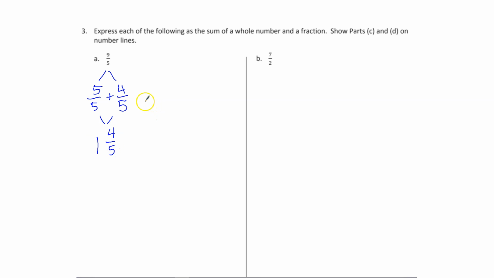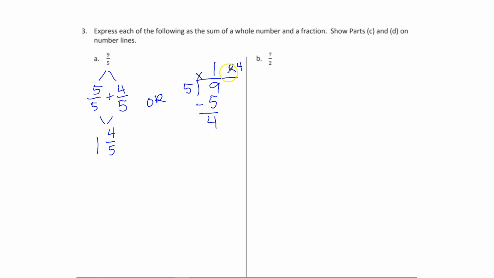We also said we could do our division. The fraction bar says division, so this is 9 divided by 5. Well, 9 divided by 5, we know we can get 1 group of 5 out of 9. And then we say, well, 5 times 1 is 5. 9 minus 5 is 4.